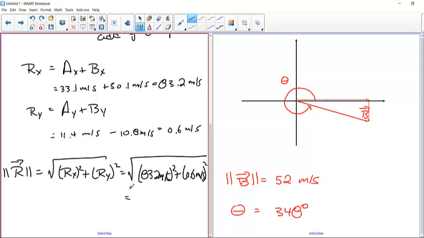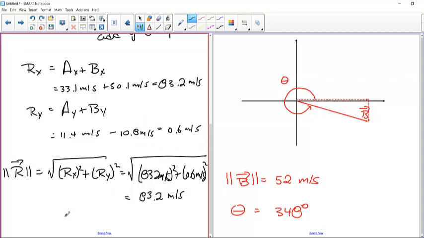It's going to be very close to 83.2 because the second number is so small. So you get 83.2 squared plus 0.6 squared, take the square root, and it rounds off to about 83.2 meters per second.